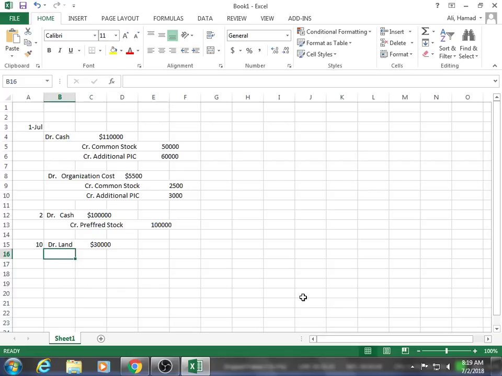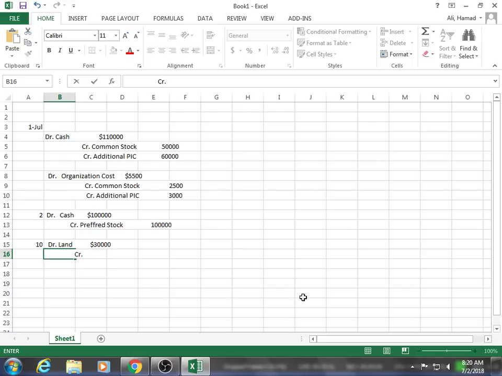Okay. Sorry for the sidebar conversation. So the land is recorded that way because management wishes to record it at the market value of the shares. All right, and then what are we going to credit? Common stock, right?